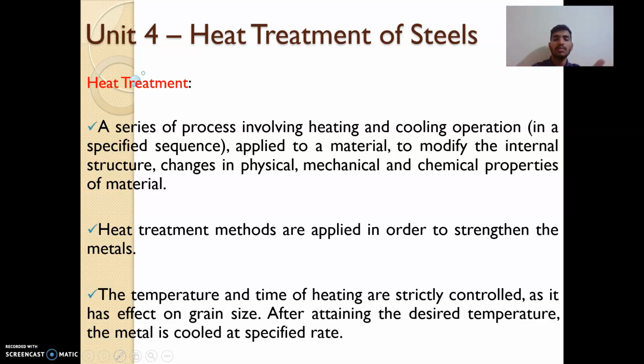In the heat treatment process, time and temperature are strictly noted, because if the temperature increases, the metal loses its physical properties, and by applying some force, it changes into the required shape. Time and temperature are also strictly noted because they affect the grain size. In order to maintain a sufficient grain size, we need to control time and temperature properly.